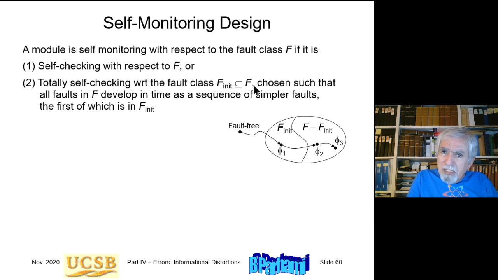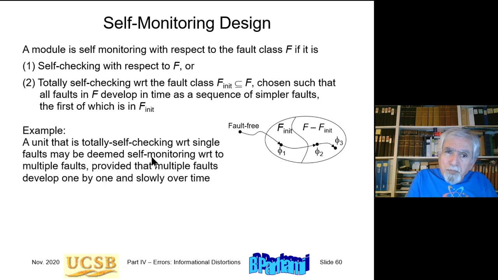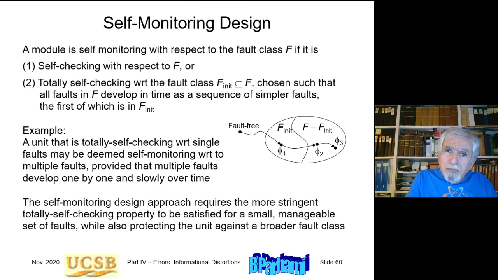If these extensive faults always develop by first producing a single stuck-at fault and then perhaps later developing into the more complicated fault, and if my circuit is totally self-checking with respect to these, I'll be able to detect that fault before a second or third fault develops and causes trouble.